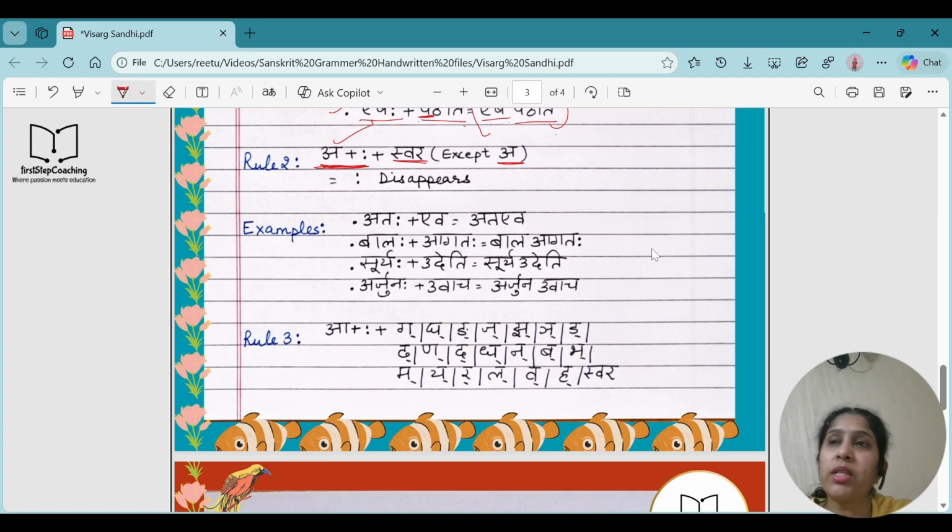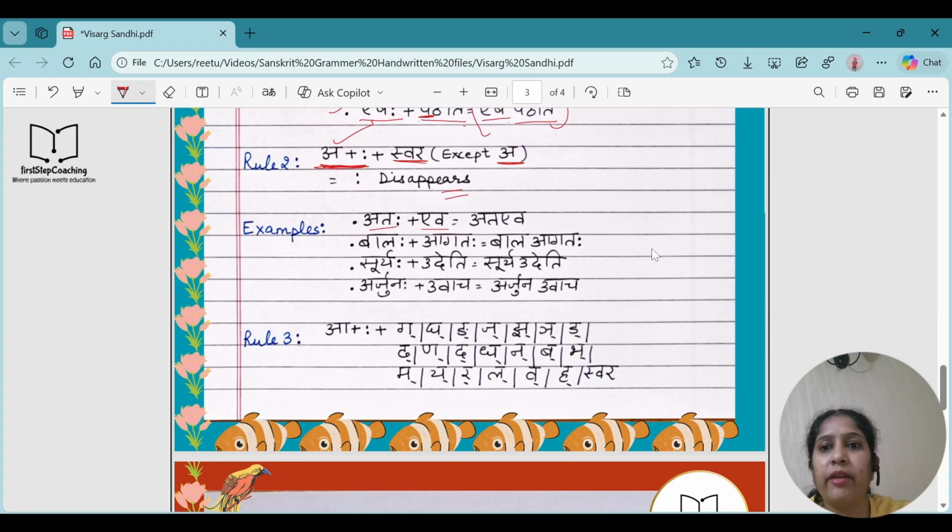So after a, if it was a, you remember that was becoming your utva sandhi, right? Now after a, if any swar is there other than a, okay, then what will happen? The visarg will disappear. Fine. If it would have been a, then it will become utva sandhi. Now other than a, if any other swar is there, then the visarg will disappear.